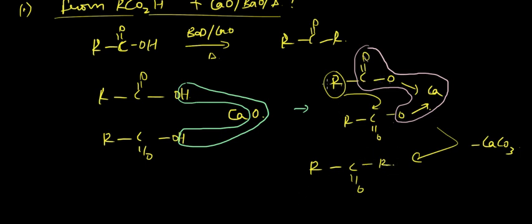This will be leaving as a minus, and this carbon will have a positive charge when the oxygen atom leaves it. So negative and positive, again making a bond between the two of them. So this is a positive charge. Hence CaCO3 is formed, and RCOR is formed.